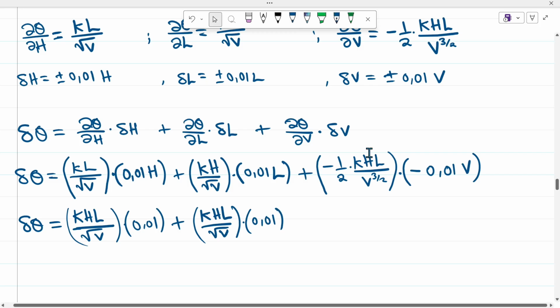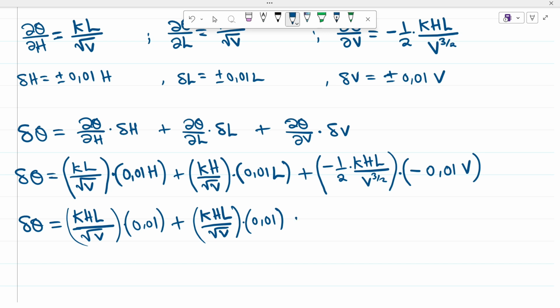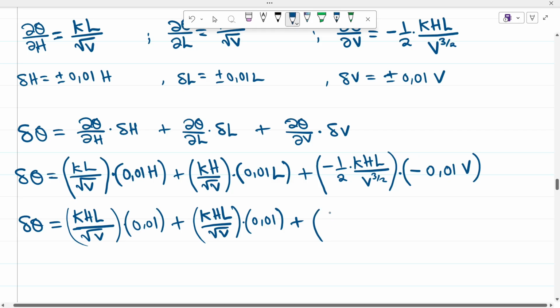And then here, negative and negative will multiply each other, we'll get a positive, and then what? 1/2. So here we have 1/2. So I multiply v with this. Since v has a positive 1 exponent here, that positive 1 exponent will get subtracted from this 3/2. We'll end up getting 3/2 minus 1. It will be positive half, and then that will make this root of v.